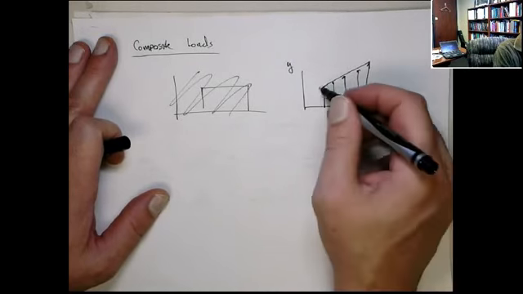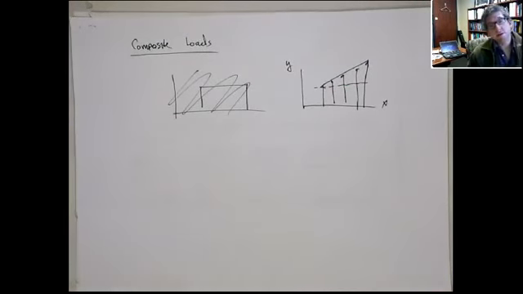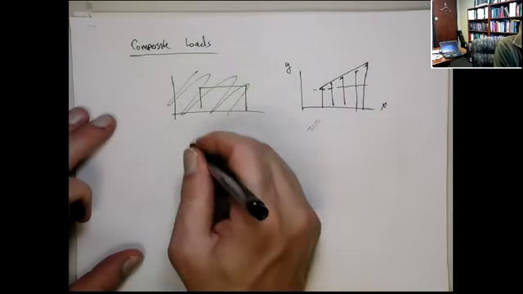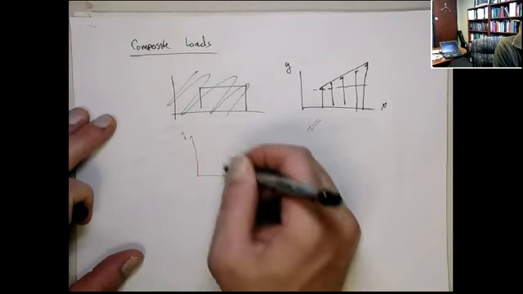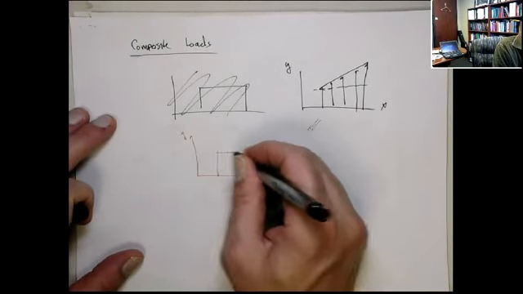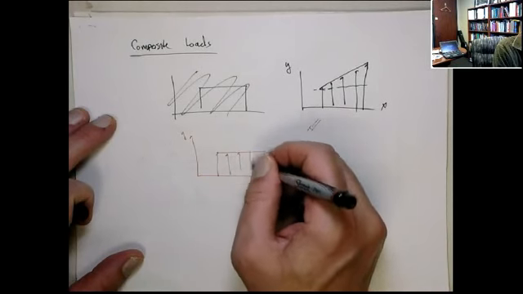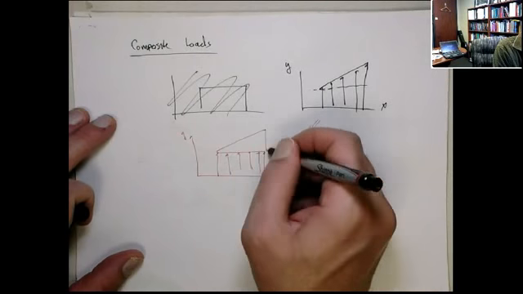Now, you can think of this as a triangle superimposed on top of a rectangle. So this is equivalent to a uniform distributed load and a triangular distributed load.